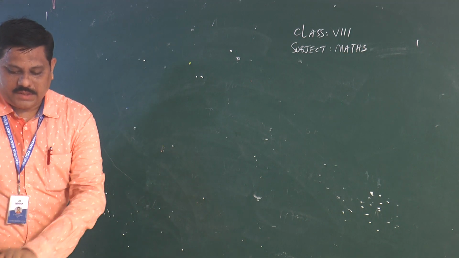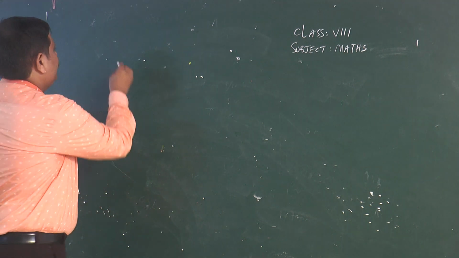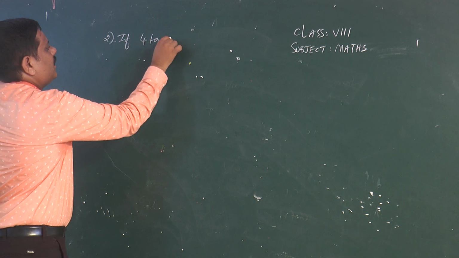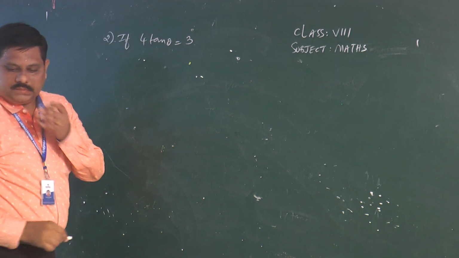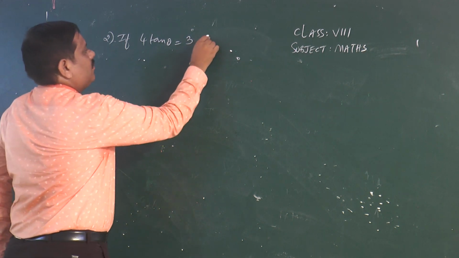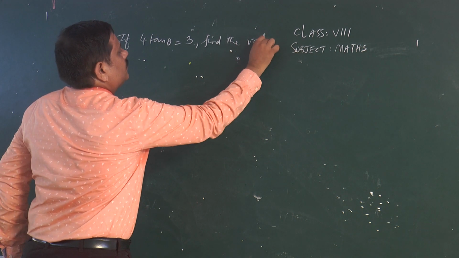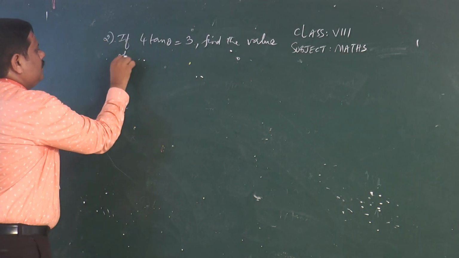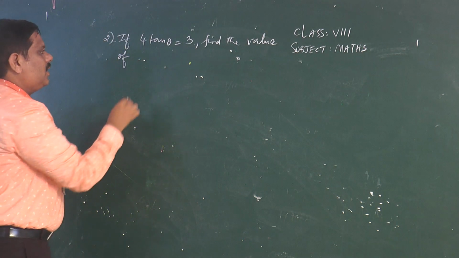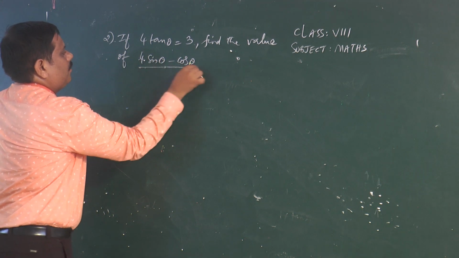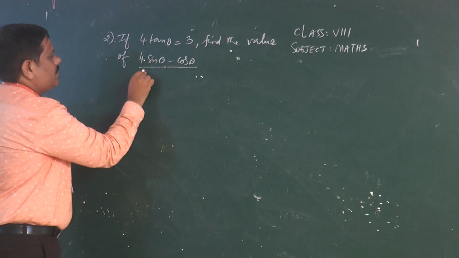The next question is, if 4 tan theta is equal to 3, find the value of 4 sin theta minus cos theta upon 4 sin theta plus cos theta.